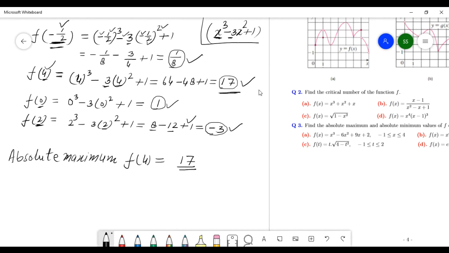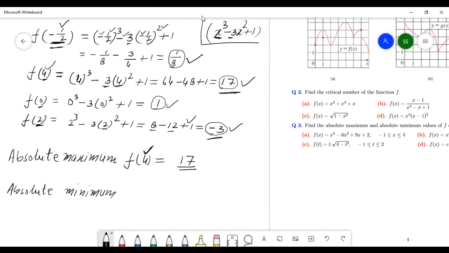That is the absolute maximum. And you find it at this number 4. And the absolute minimum is this one, minus 3, negative.